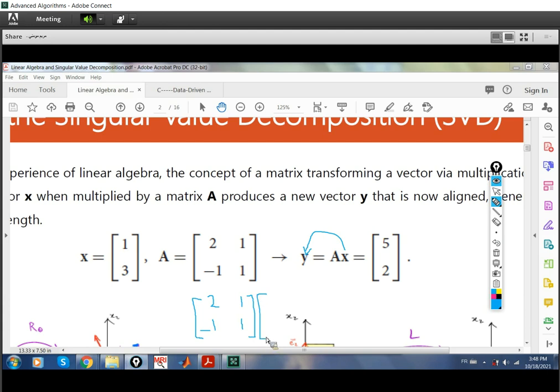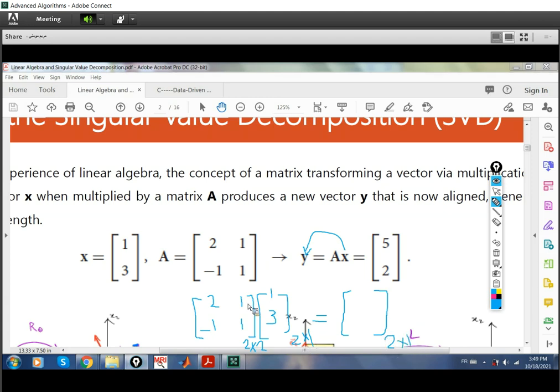And then if we multiply it by X, 1 and 3, the dimension of the first matrix is 2 by 2, and the dimension of the second is 2 by 1. The result is 2 by 1.